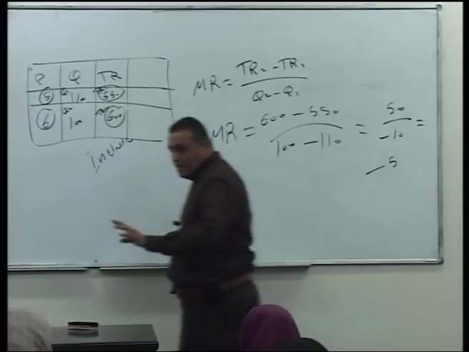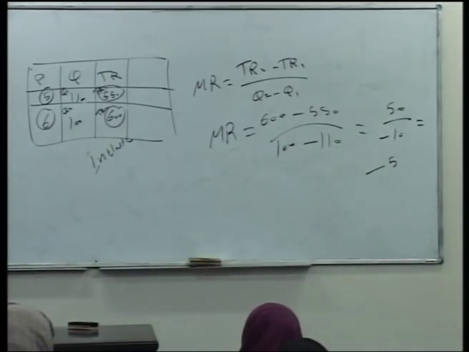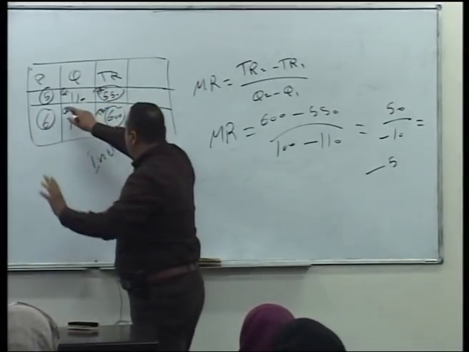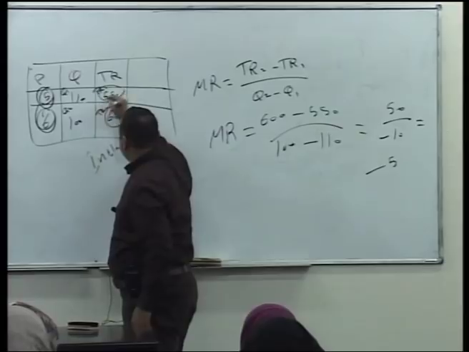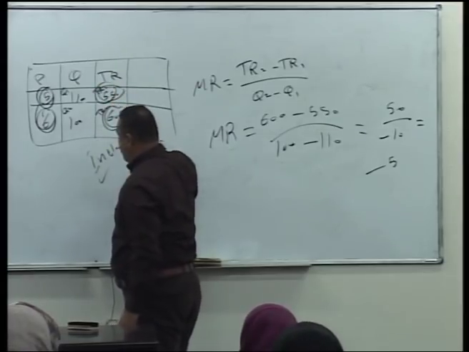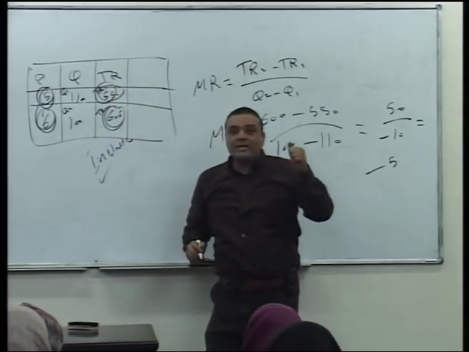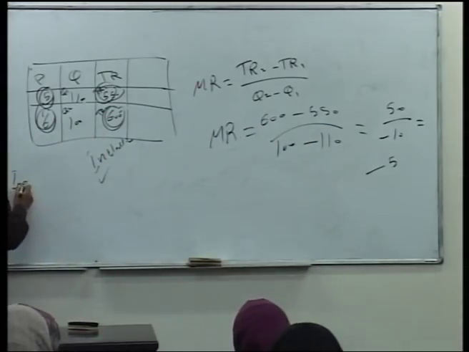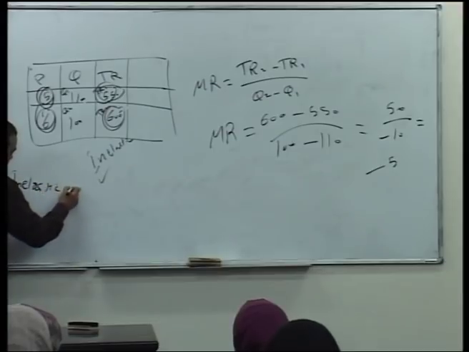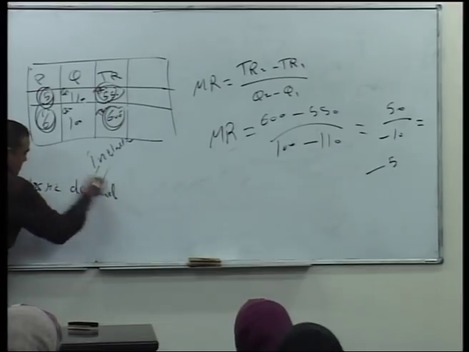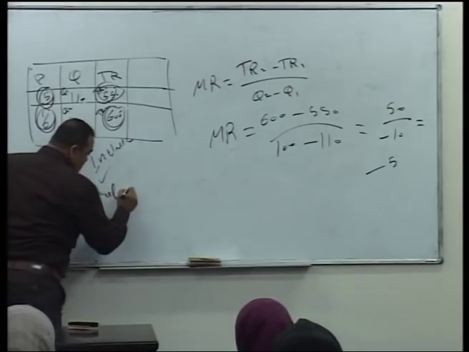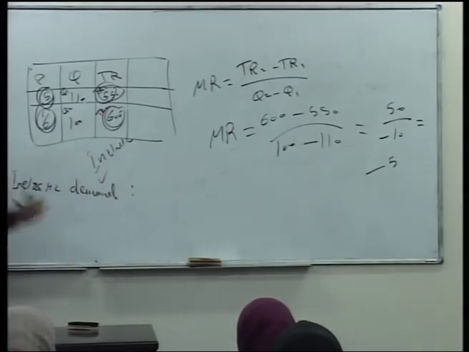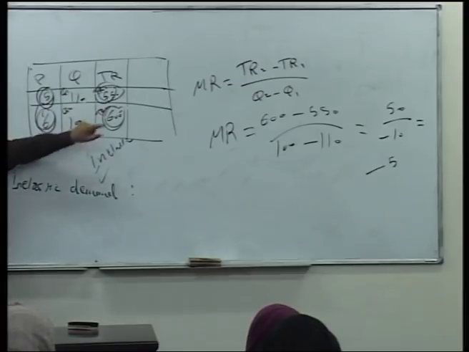تمام. هذا أول حاجة. طيب. Demand is elastic ولا inelastic كان؟ The price went up, total revenue increased. Demand is inelastic. So, when demand is inelastic, we have two or three results. Price increased, total revenue increased.